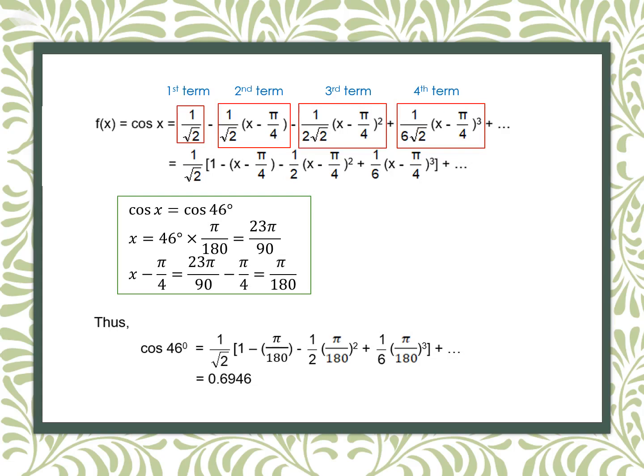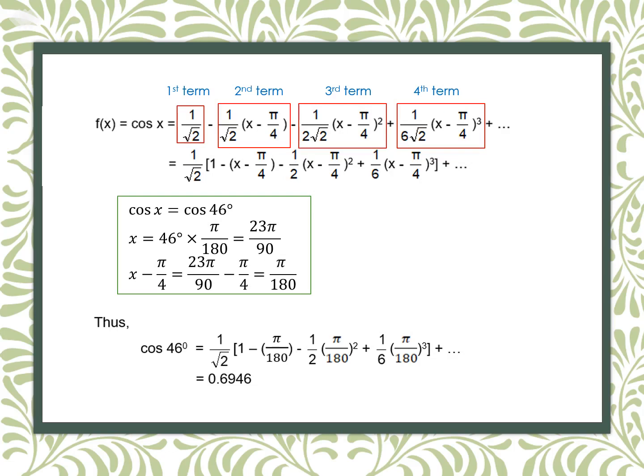Next, you need to evaluate cos 46 degree using the expansion that you have obtained for the cos x. To do this, you need to determine the value of x in radian first. By equating cos x with cos 46 degree, x is equal to 46 degree.